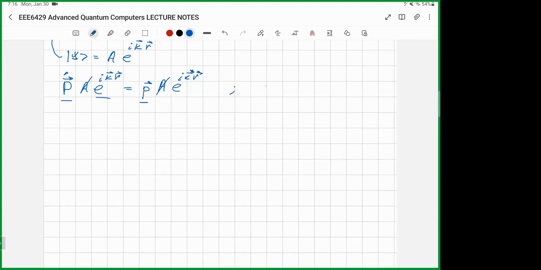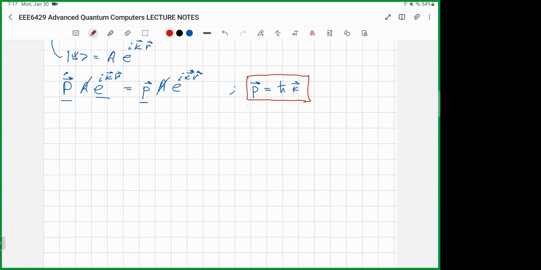And by the way, the momentum and the wave vector k are connected through the Planck's constant. This is the so-called Planck's formula. This is something we also know from experiment.